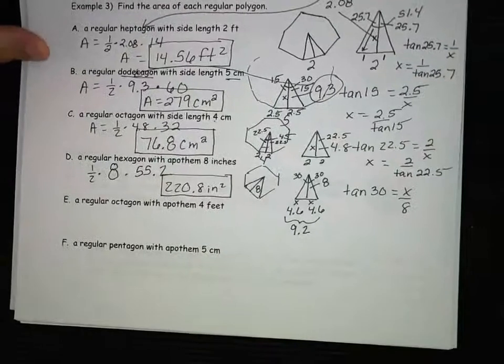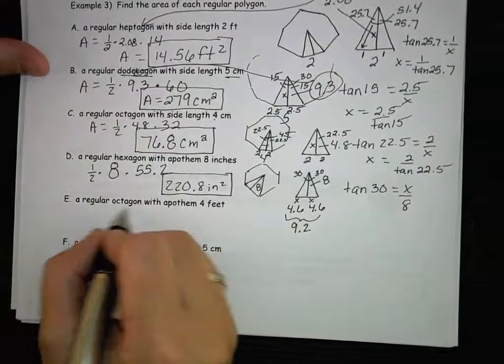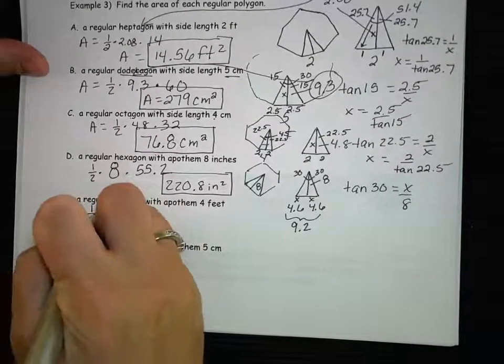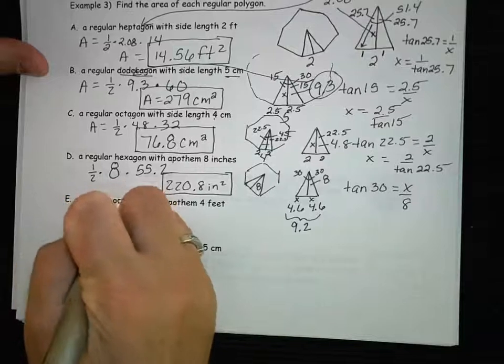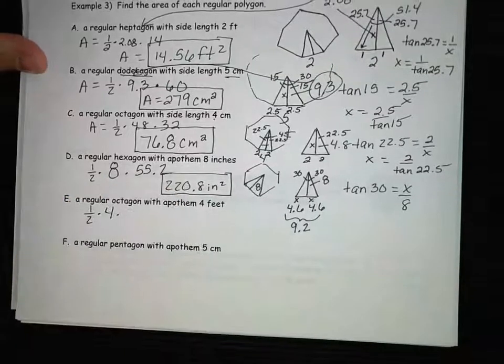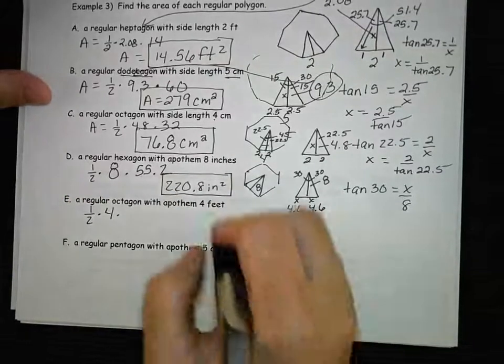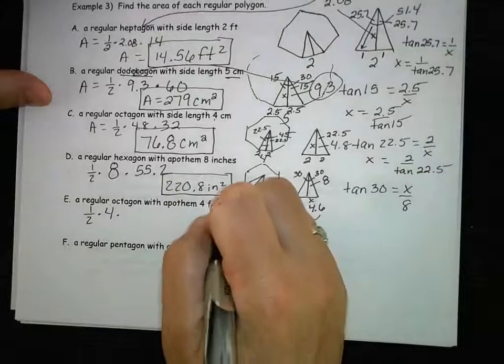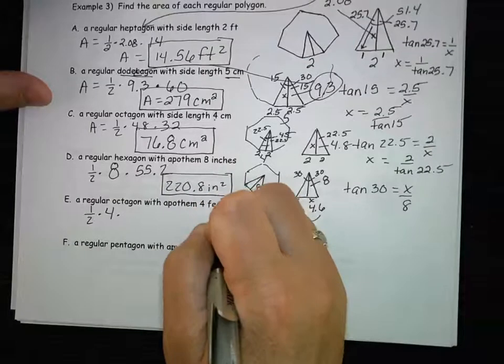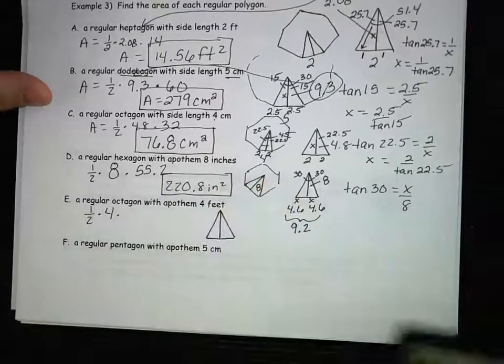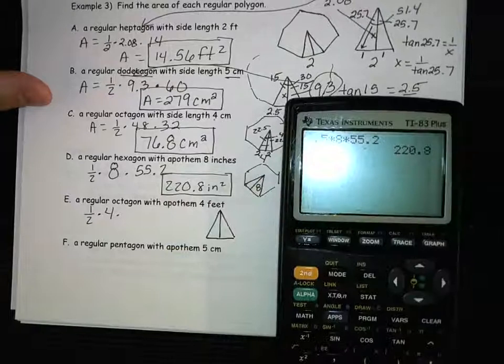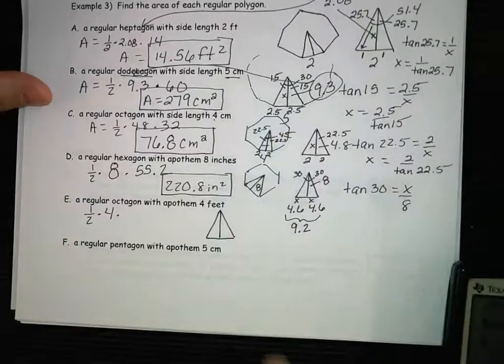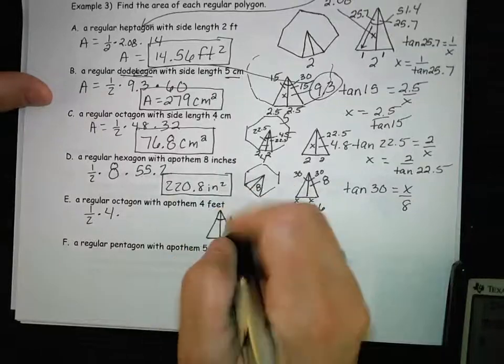Example E, we want a regular octagon. The apothem is 4 feet. So our formula is 1/2 the apothem times the perimeter. Okay, this time I am only going to draw the one triangle in here. It's an octagon, so 360 divided by 8 means this is a 45-degree angle.